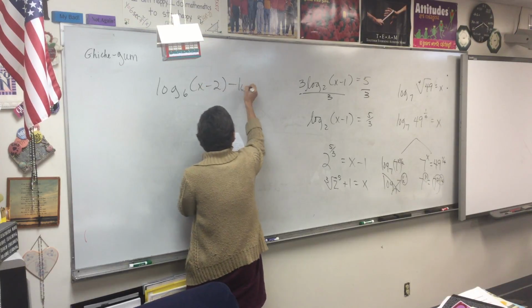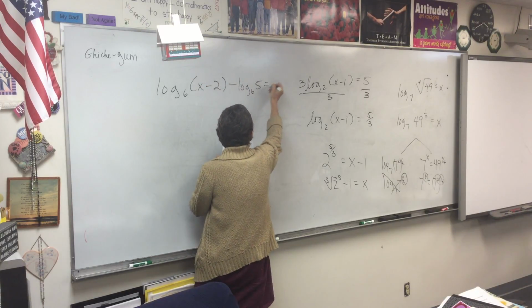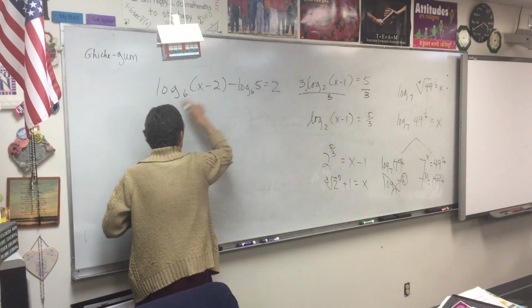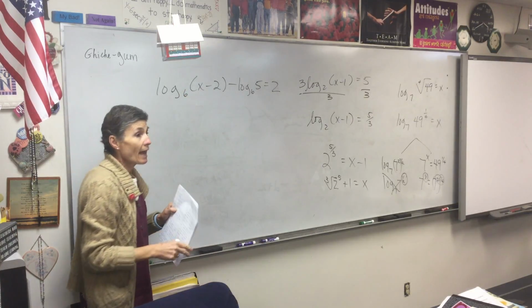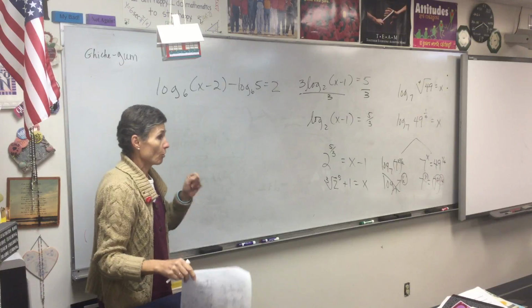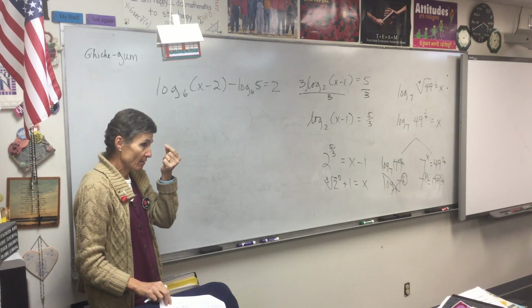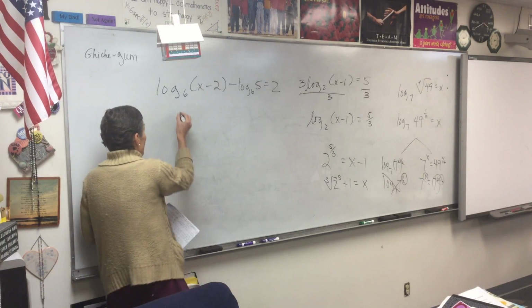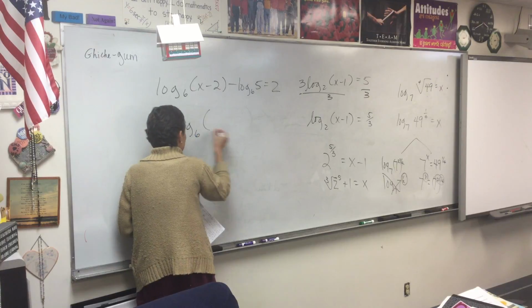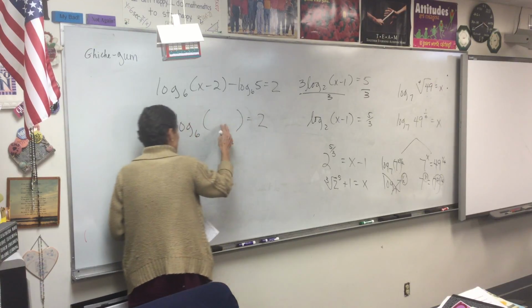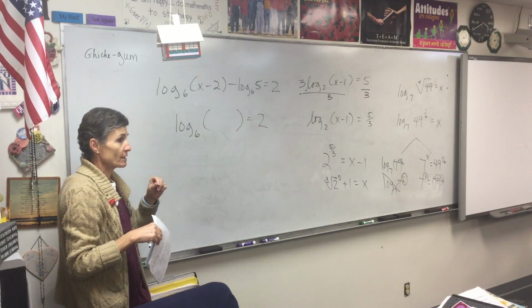You can't do anything until you take care of 2 logarithms. You can't have 2 logarithms on the same side of an equation. So you have to put them together. They got to go together. We're going to write this as 1 logarithm. Now, what's going to go in here? How are those going to go together?